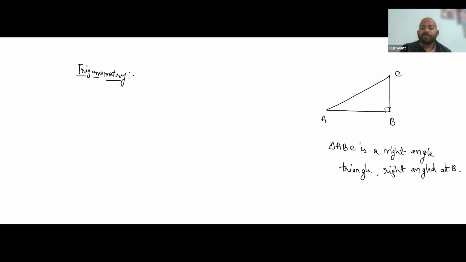Now have a look. The side opposite to this right angle is known as the hypotenuse, that we know. So here AC is my hypotenuse.